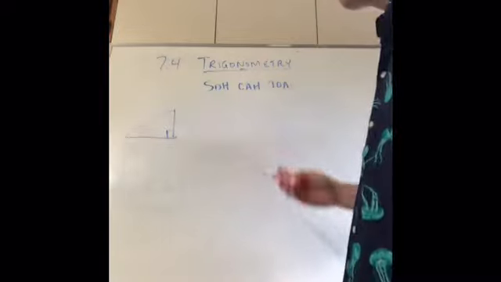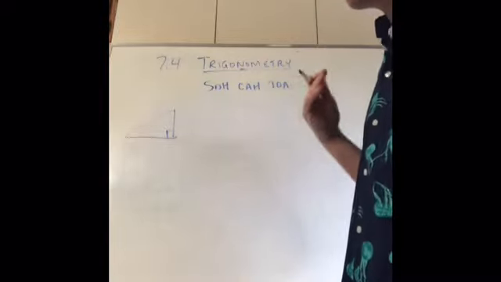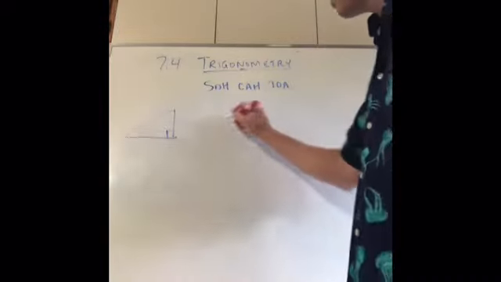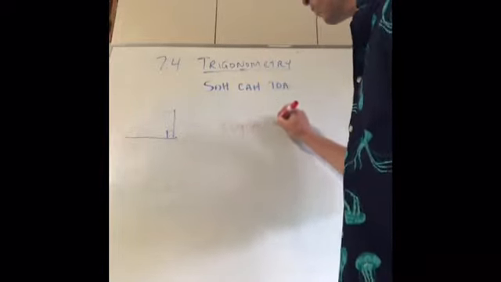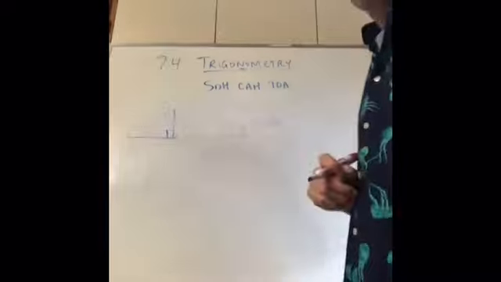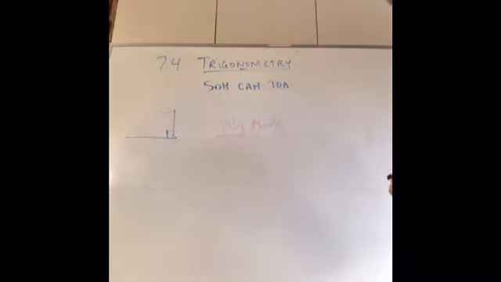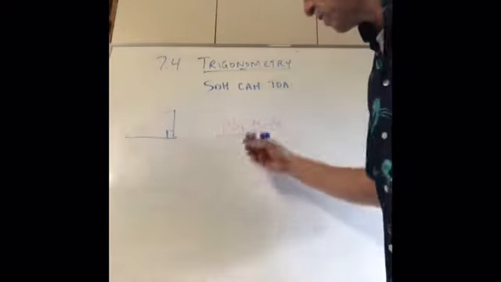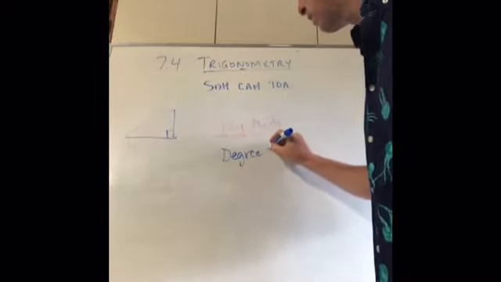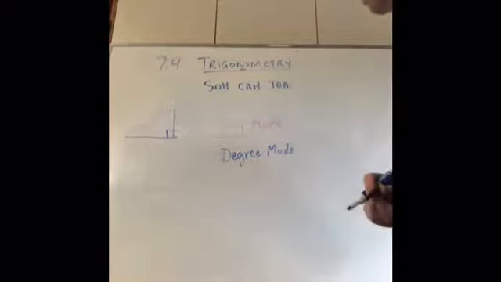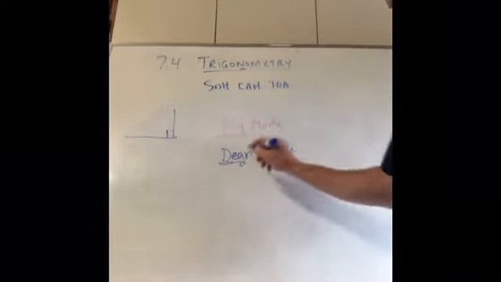I actually want to tell you something I don't think I told you last day. Always make sure your calculator is in degree mode. On the screen, you want to be in degree mode. The screen on your calculator should have a D, or maybe it says DEG.